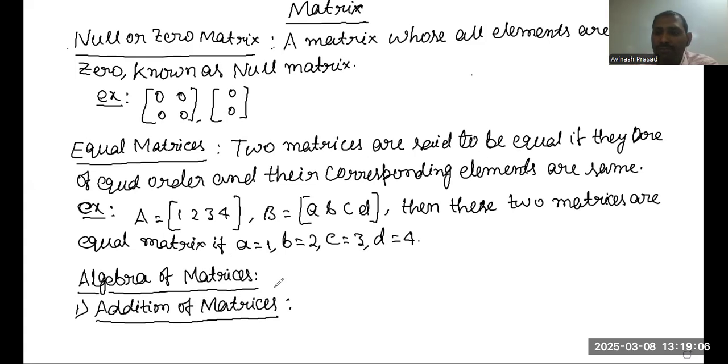We can add two matrices A and B with their corresponding elements, and we get a new matrix C after adding them.